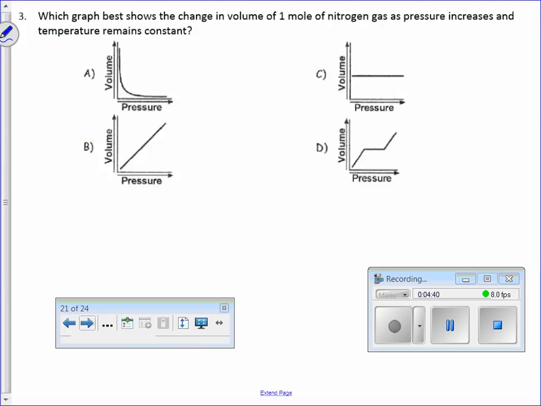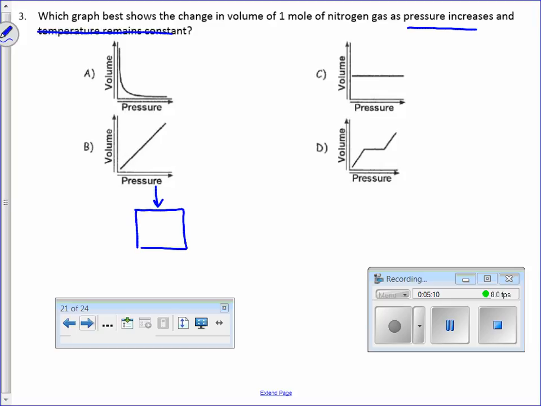Question 3. Which graph best shows the change in volume of 1 mole of nitrogen gas as the pressure increases and the temperature remains constant? Okay, if temperature is constant, do not include it in your graph. I want to know what happens to the volume as the pressure increases. So think about the marshmallow example that we did in class.